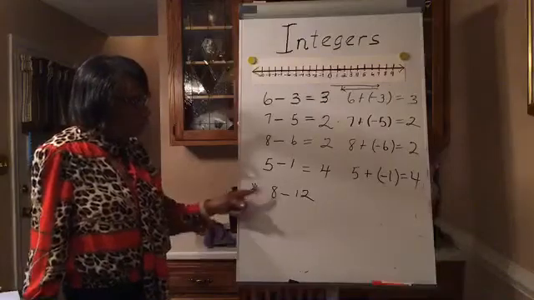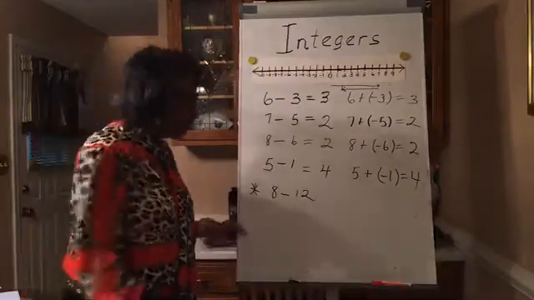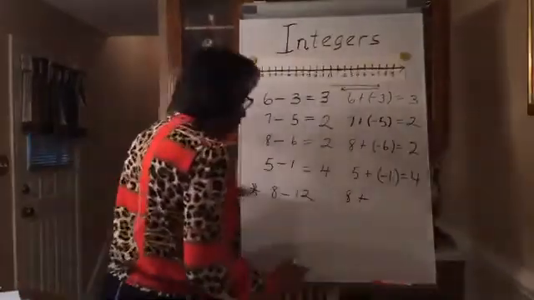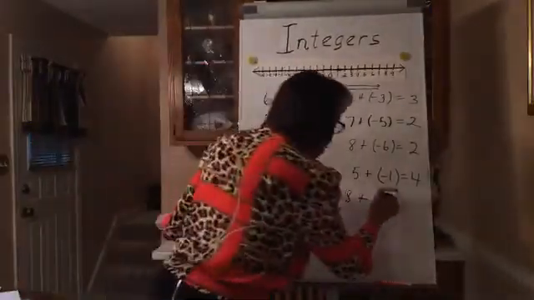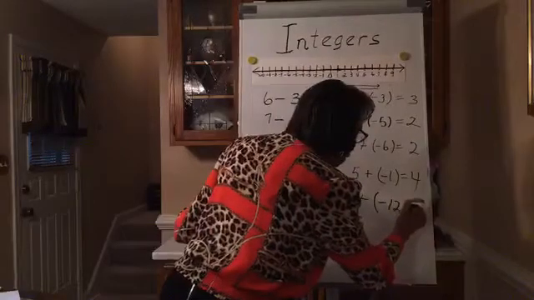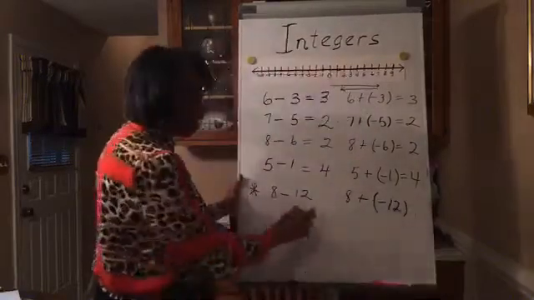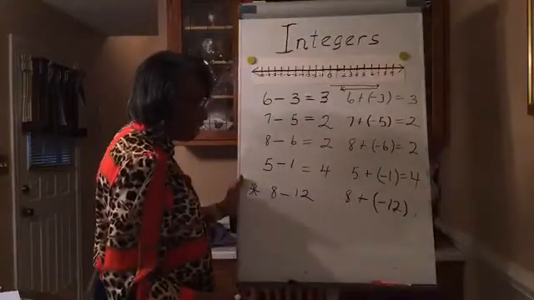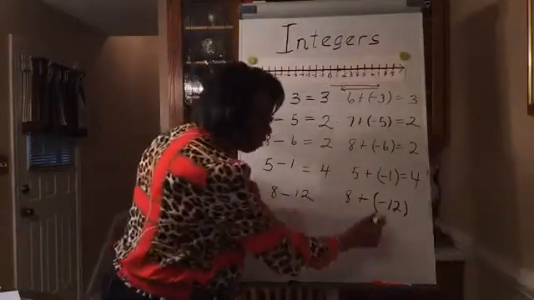All right, so that should be, if you did that, 8 plus the opposite of 12, negative 12. So that's like adding 8 and negative 12. So the answer is negative.